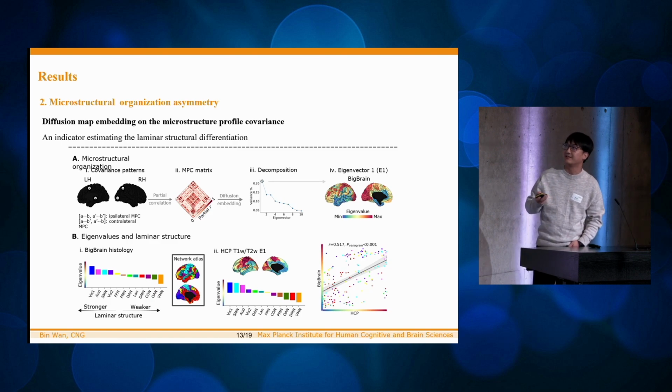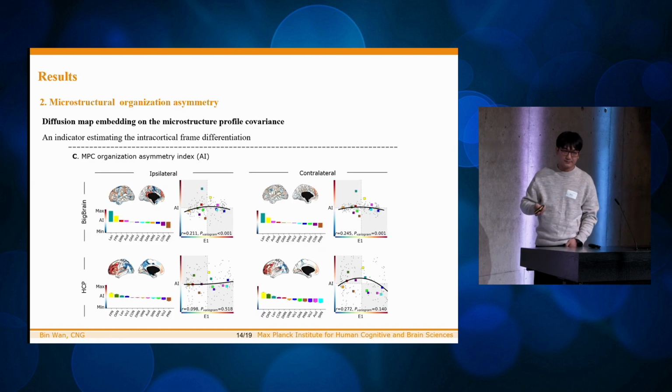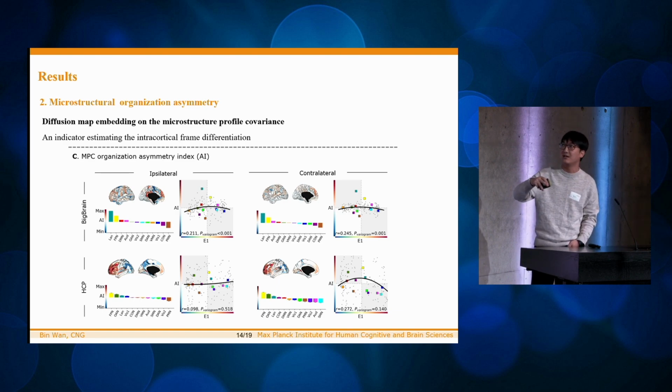Everyone knows it. And we focused on the sensory-fugal axis to understand the global feature of asymmetry. And then we find for the language areas, they're more left structured, comparing the laminar structure between the left and right. We find language also has a high laminar structure in the left hemisphere.